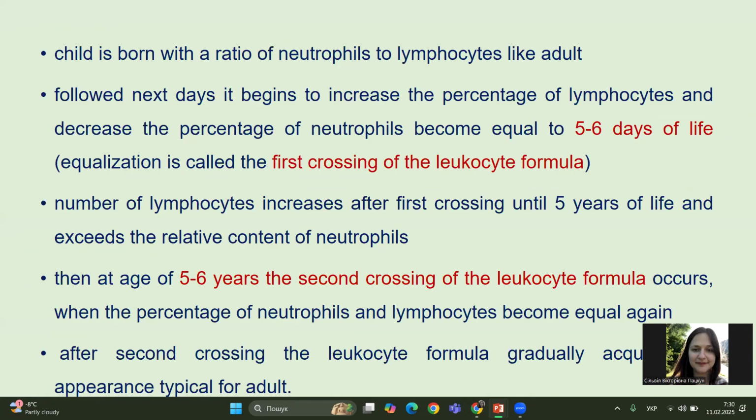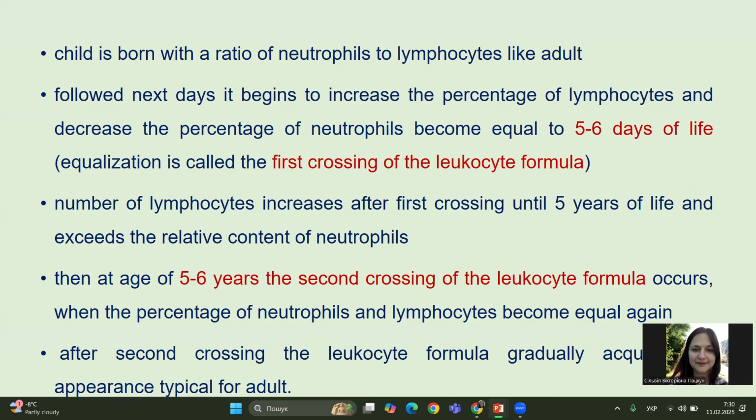If we talk about this formula, a child is born with a ratio of neutrophils to lymphocytes like in adults. In the next days, the percentage of lymphocytes begins to increase and the percentage of neutrophils to decrease, becoming equal at 5 to 6 days of life. It's the first crossing of the leukocyte formula. We talk about crossing of the leukocyte formula when the percentage of lymphocytes and neutrophils become equal.